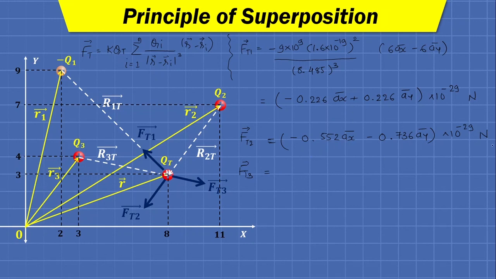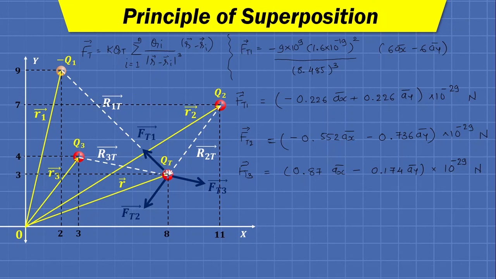It is very good practice to represent or to show a unit for each and every quantity. Fine, and similarly the force Ft3, after calculation you will find it as 0.87 ax bar minus 0.174 ay bar, whole multiplied by 10 raised to minus 29 Newton.